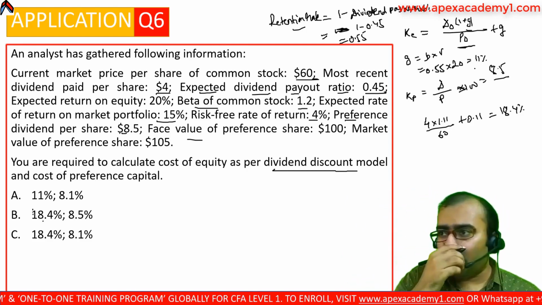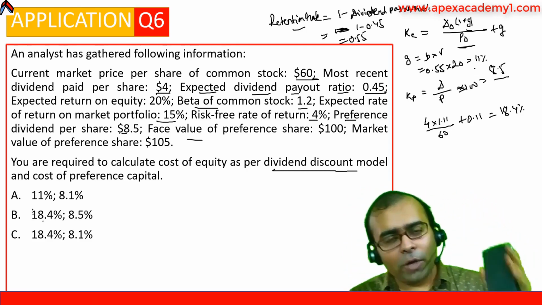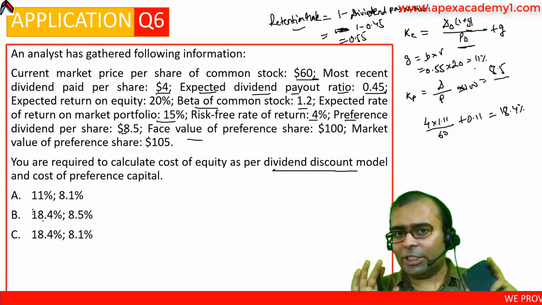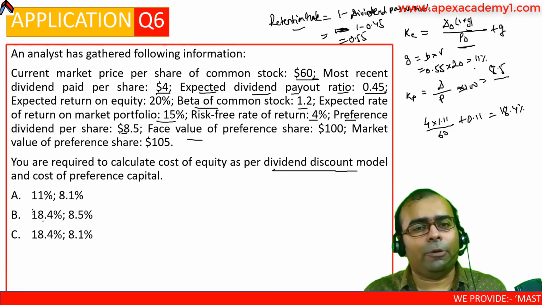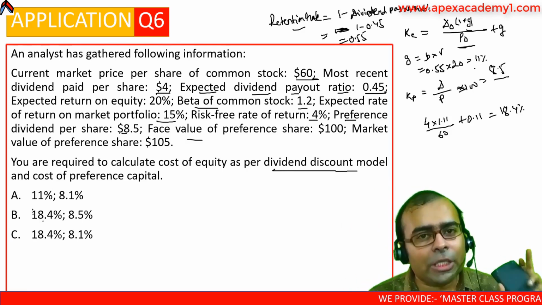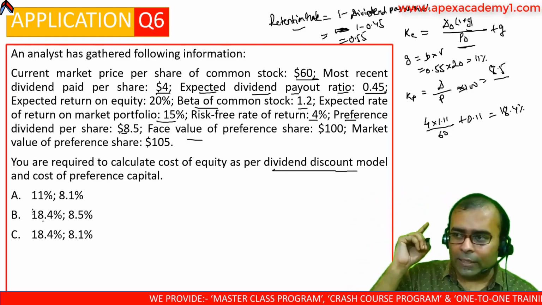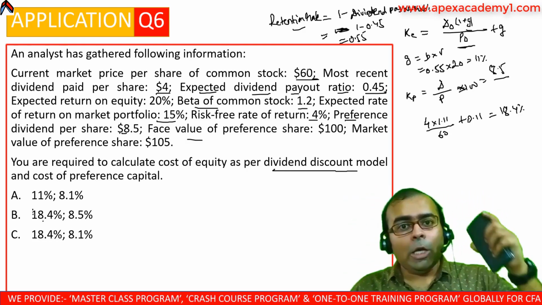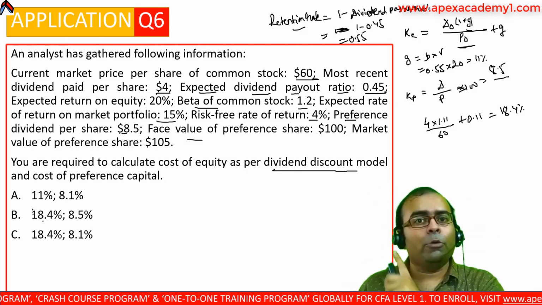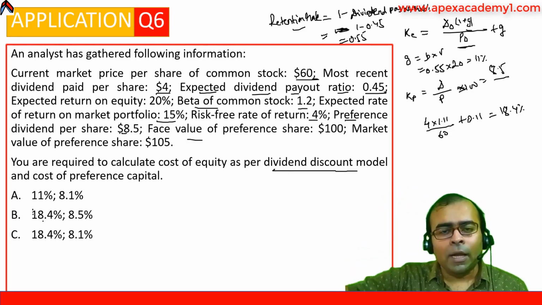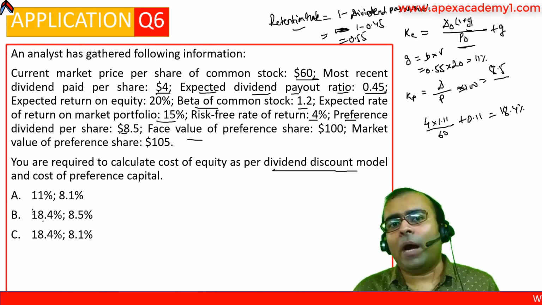For the purposes of coupon rate or dividend calculation only, we use face value. Else face value is just a number. In preference also I discussed, I think there was a note to that effect as well. Don't take face value, we will always take market value, because we are trying to calculate return, and returns are always calculated on market value.